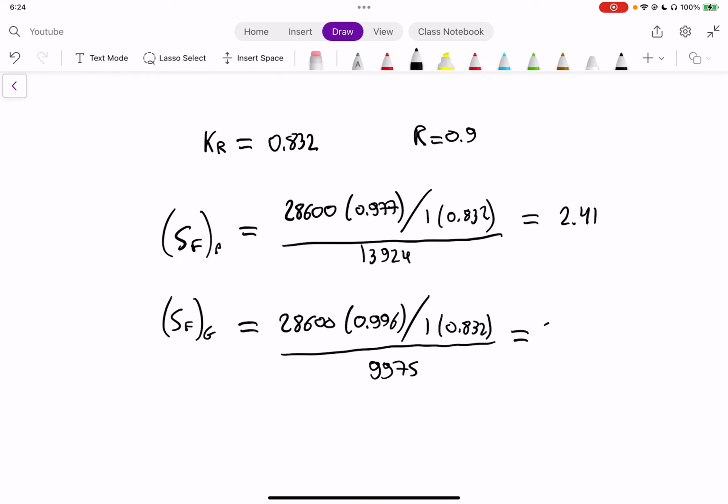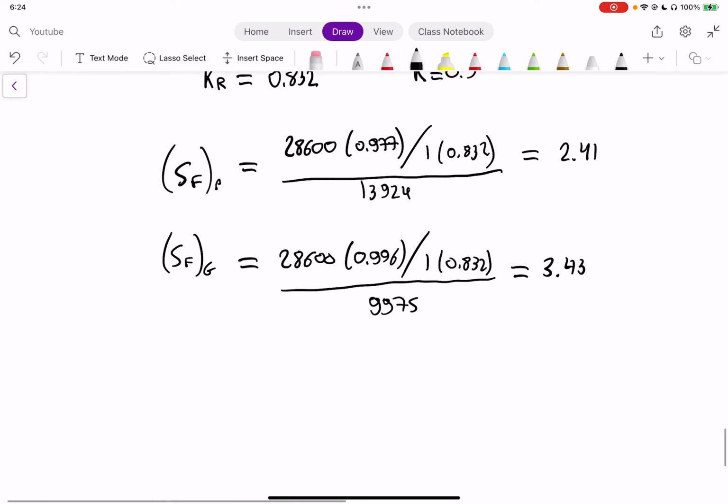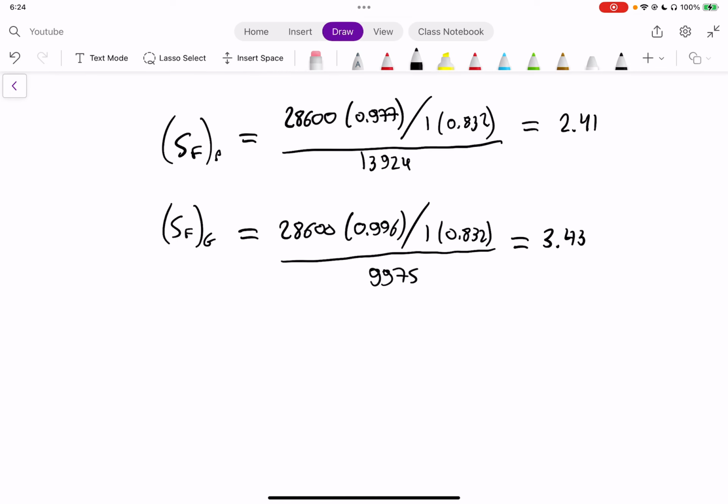So we end up with a safety factor of 3.43. And we can see that a safety factor of 2.41 or 3.43 is actually very good. So we're happy to go ahead and run with that. Essentially what this means is that you have 2.41 times the strength required to not fail, and 3.43 times the strength to not fail in bending, not in contact.